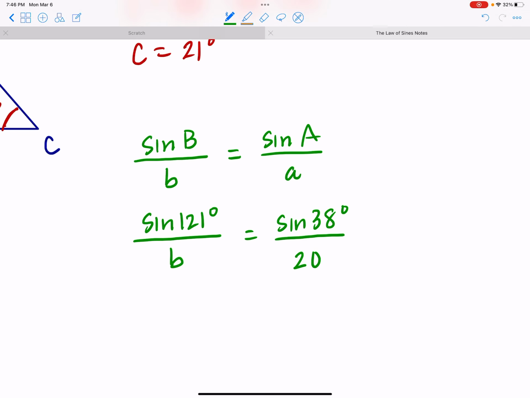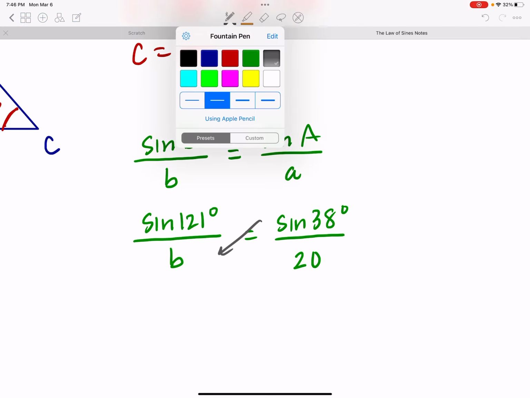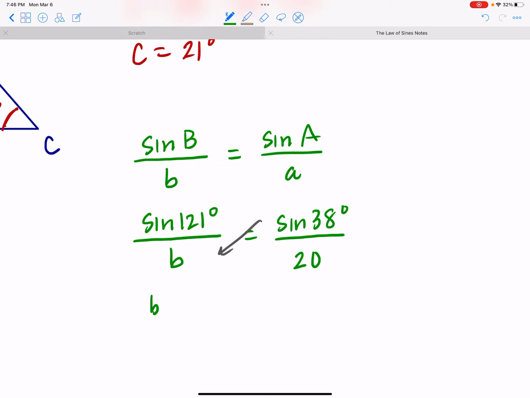I plugged in the three values that were known, and I have the one left that I can solve for. When you're solving a proportion, cross multiply. If I cross multiply here, I have B times the sine of 38, and on the other side, 20 times the sine of 121 degrees.